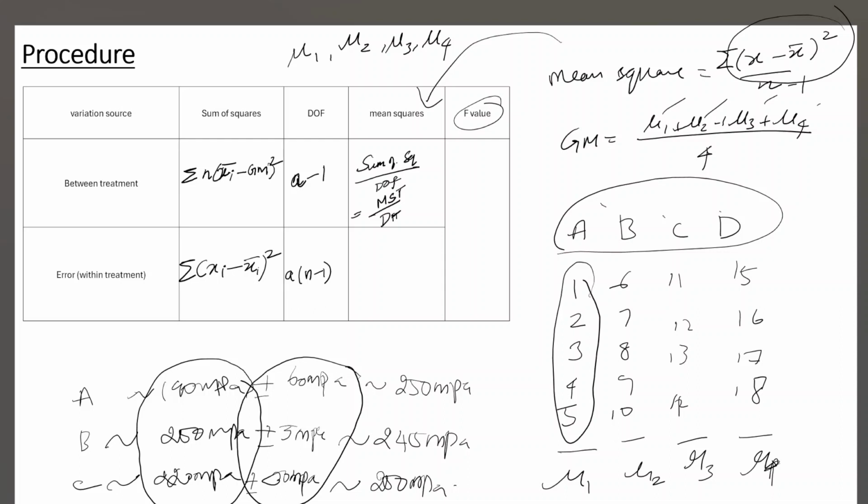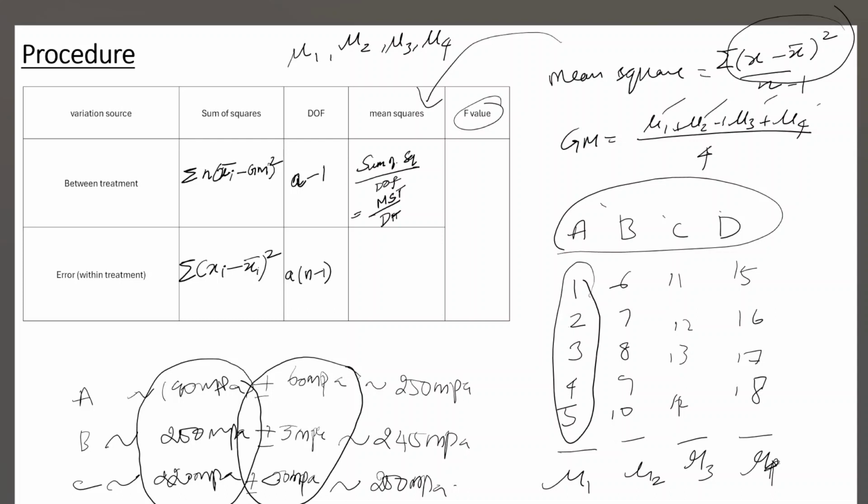Here A is the number of groups or columns, and n is the number of rows, the number of samples we have taken in each group. Here the number of samples we have taken is 1, 2, 3, 4, 5. So 4 into (5 minus 1) is 16. 16 is the degree of freedom for the error.